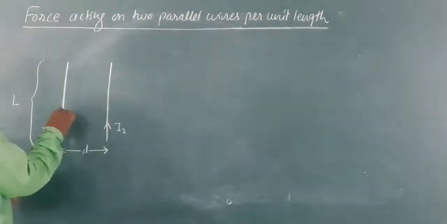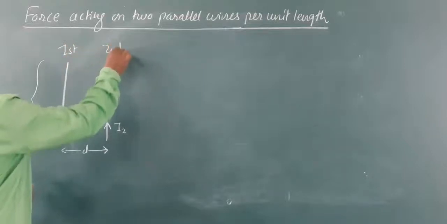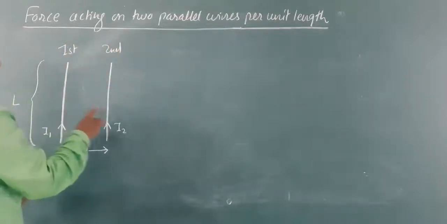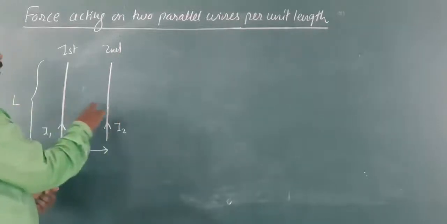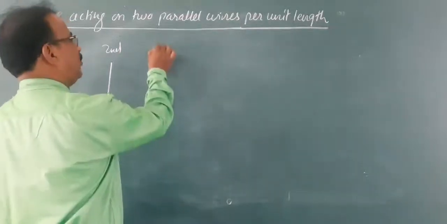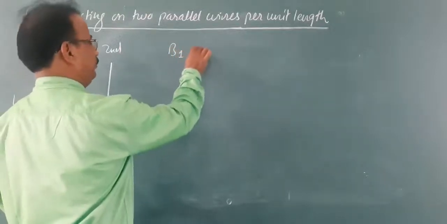The magnetic field produced by the first wire at a distance D is denoted by B1.